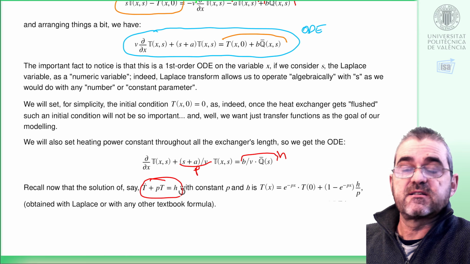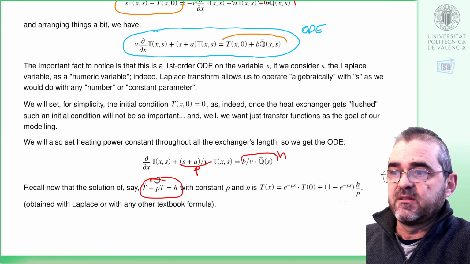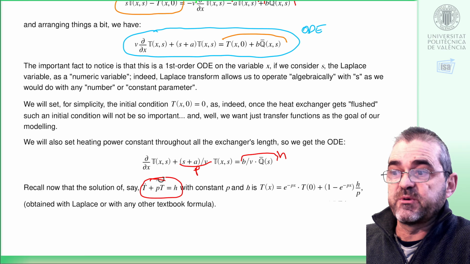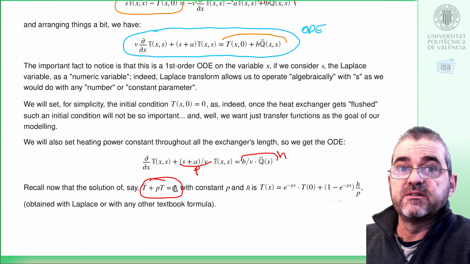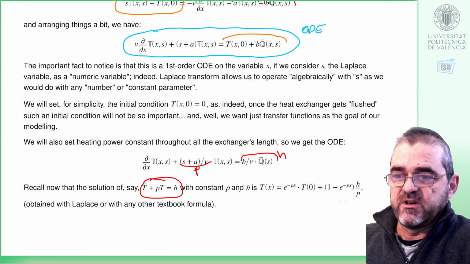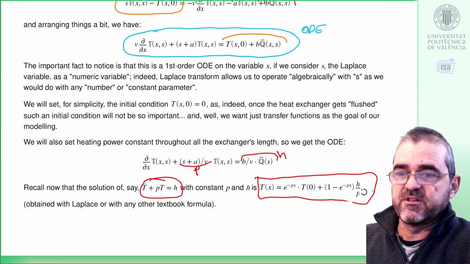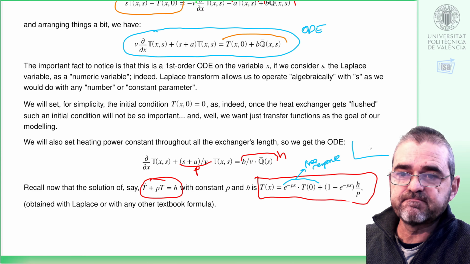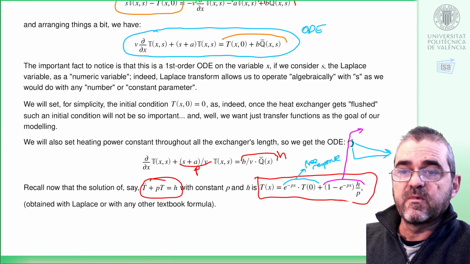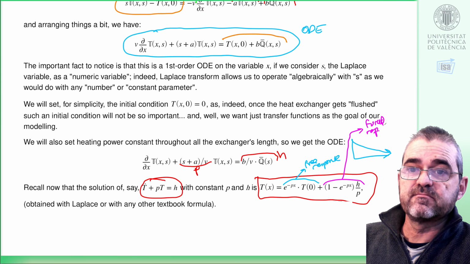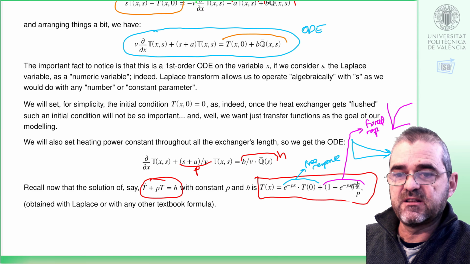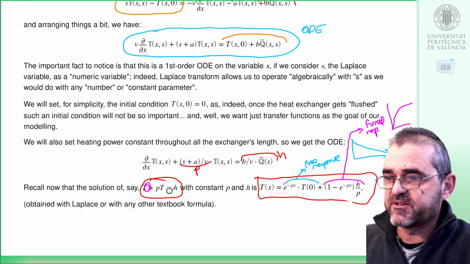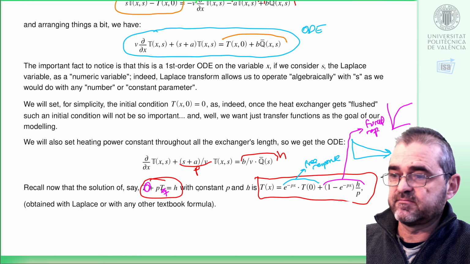And this is the first order differential equation that you see in every introductory course on differential equations or every introductory course in control. And we know this exponential formula. This is the well-known free response, exponential decay, and this is the forced response, the 1 minus exponential times the final value, which is setting these derivatives to 0, h over p.